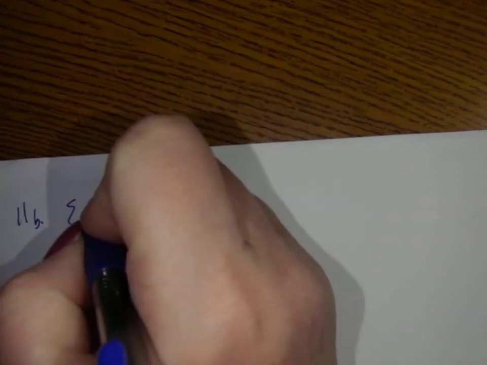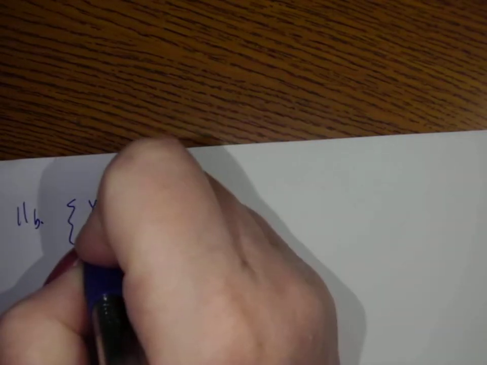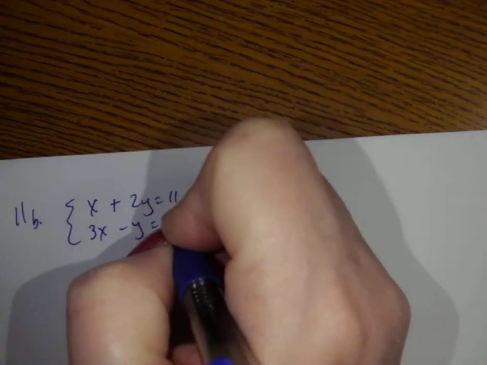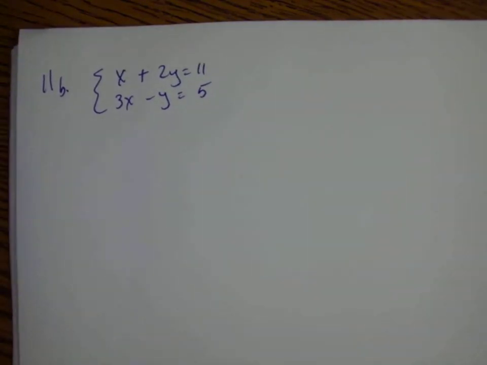And then we're going to redo the same system. So this will be 11b. Our system again was x plus 2y equals 11, and 3x minus y equals 5. Now this time we're going to do matrices. So first I have to write the matrix.